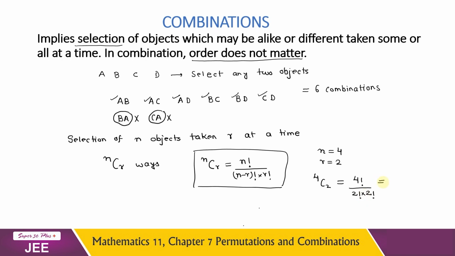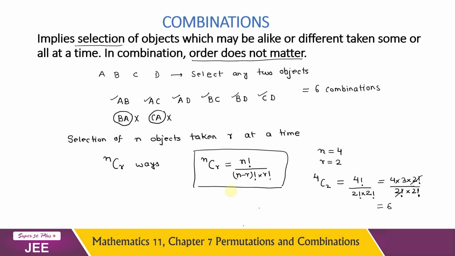So this is equal to 4 multiplied by 3 multiplied by 2 factorial, divided by 2 factorial into 2 factorial. 2 factorial gets cancelled off and the answer comes out to be 12 divided by 2, which is equal to 6. And I have also shown you that these 6 combinations are possible. We have written over here 6 combinations. So this is the formula of combination of n objects taken r at a time.